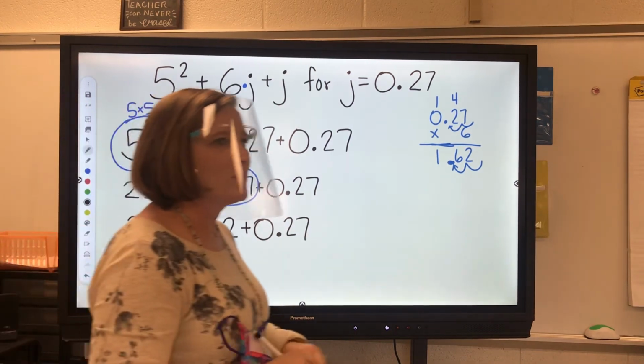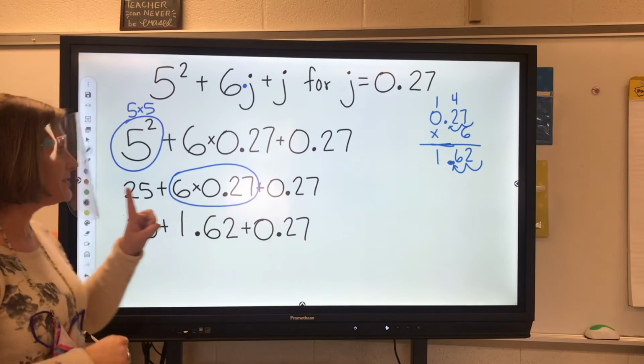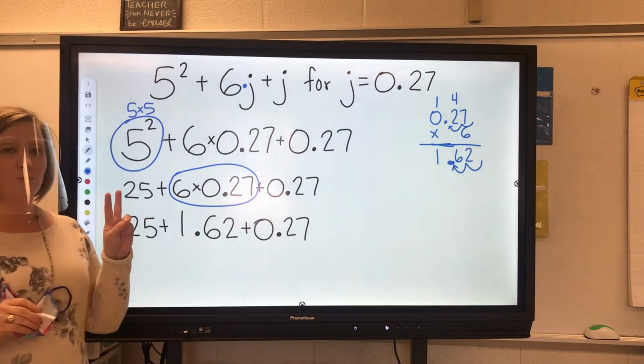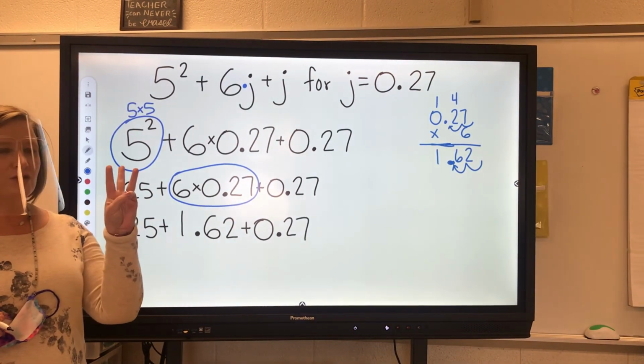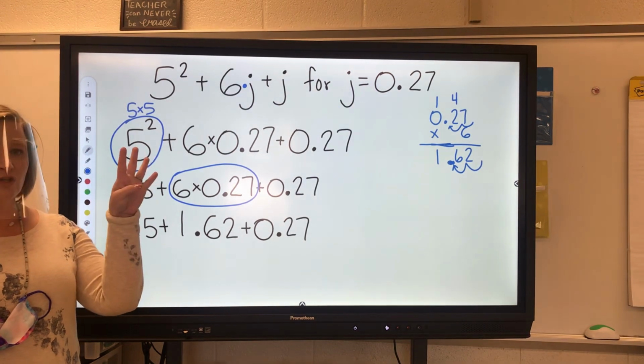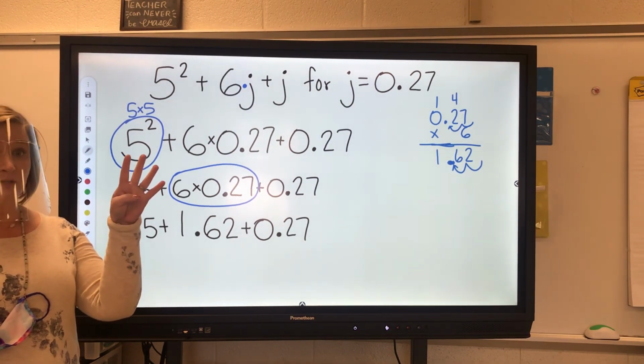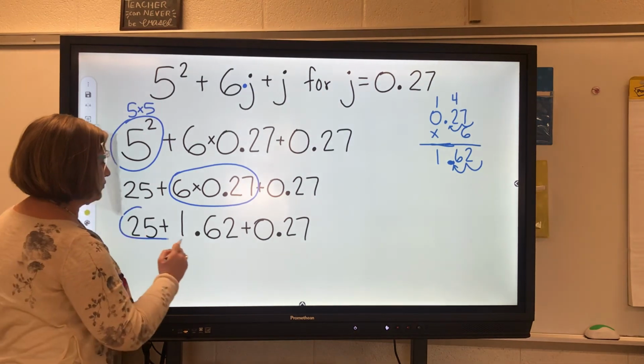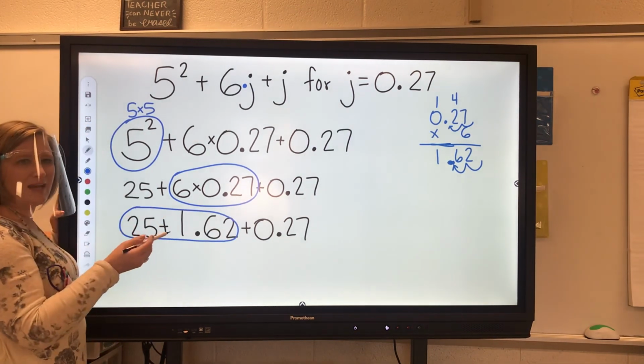My brain must be ready for a Thanksgiving break. Do you think? Maybe. Most definitely. All right, what are we going to do now? Do we have any parentheses? No. Any exponents? No. Multiplication or division? No. Addition or subtraction? Which one do we do first? Addition. We go left to right.